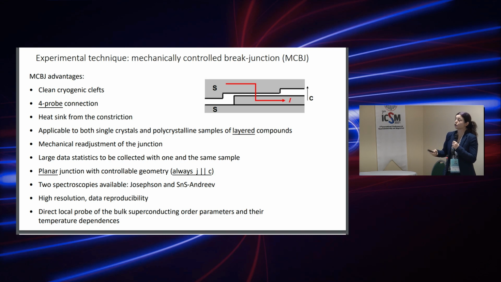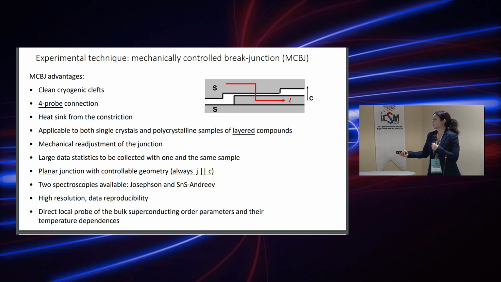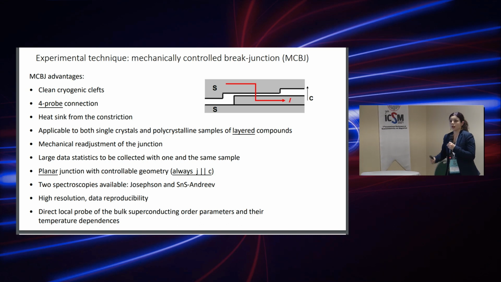This prevents the constriction from impurity penetration, from surface degradation, and from overheating due to the current injection, and therefore provides high resolution. Under fine-tuning of the holder curvature, the cryogenic clefts slide onto each other, thus varying the area of the break junction.